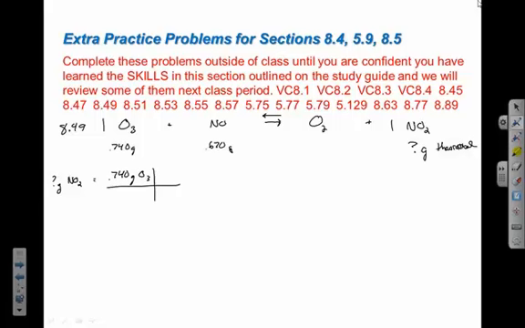So oxygen times 3 gives me 47.997 grams of ozone per mole of ozone. This reaction, since everything happens to be a 1-to-1 ratio, 1 mole of ozone will produce 1 mole of NO2.